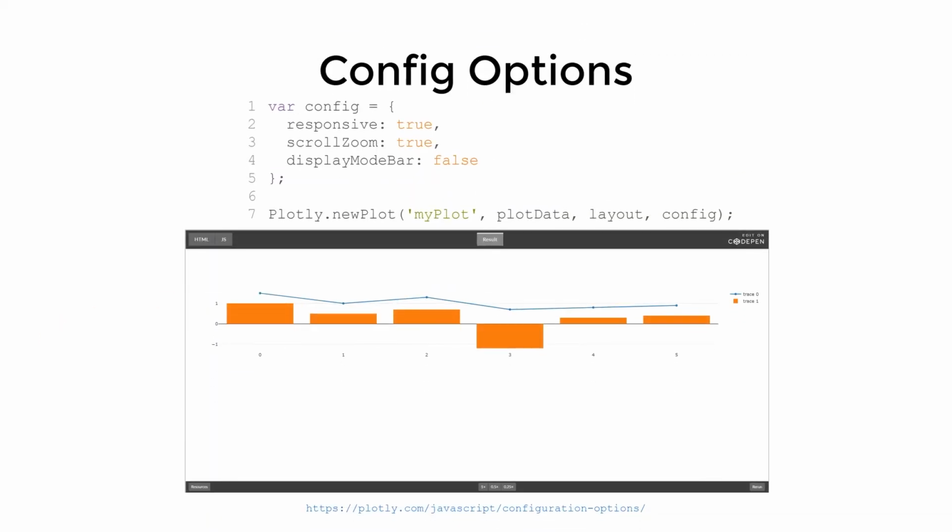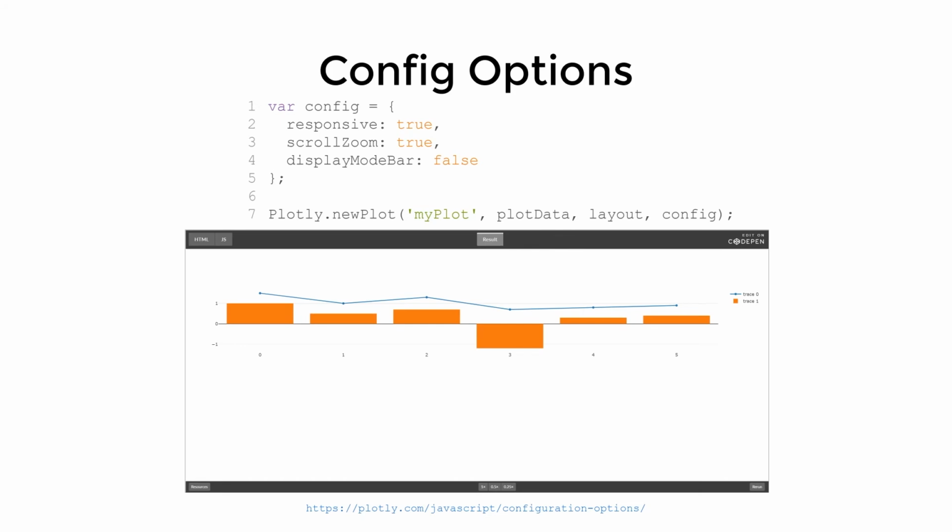The very last thing I want to show you are the config options that you can set for your plot using the config object, which gets passed in as a fourth input parameter to our new plot function. There are a lot of different config options, so I'm only going to show you a few here, but please check out the documentation for all of the other things that you can set.